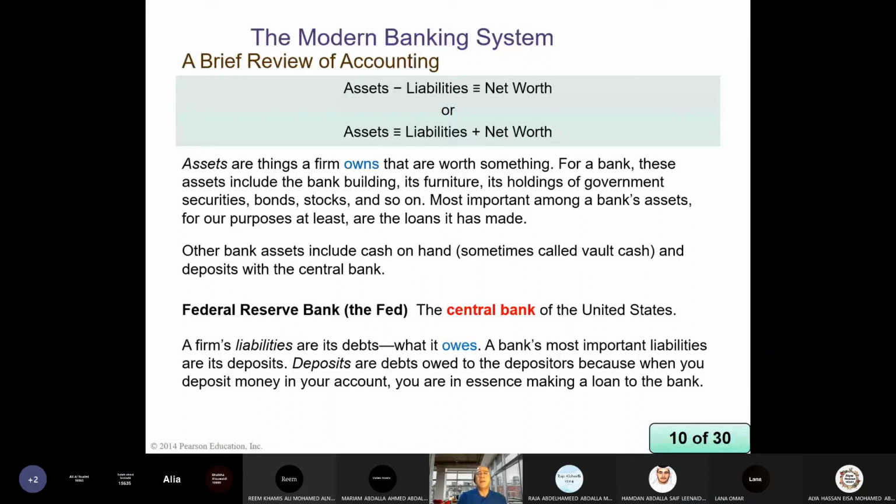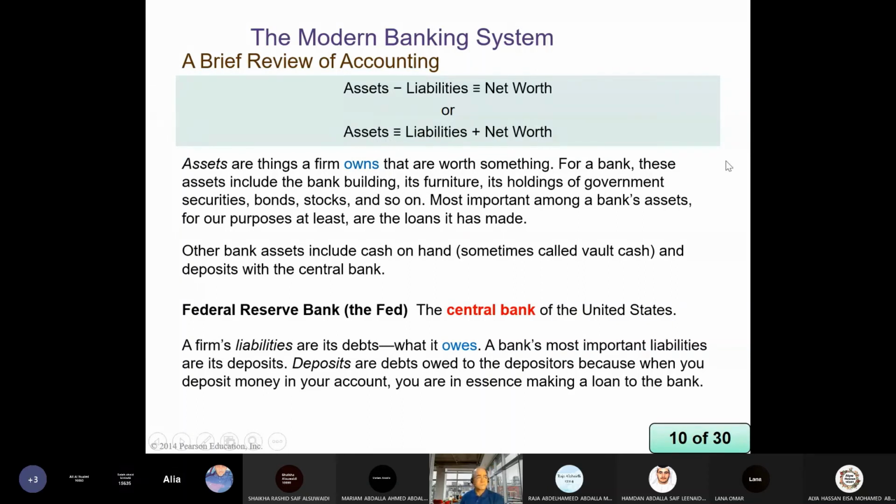For any company, and the bank is a company, the balance sheet shows that assets always equal liabilities plus net worth. So let's give a little explanation about this equation in accounting.